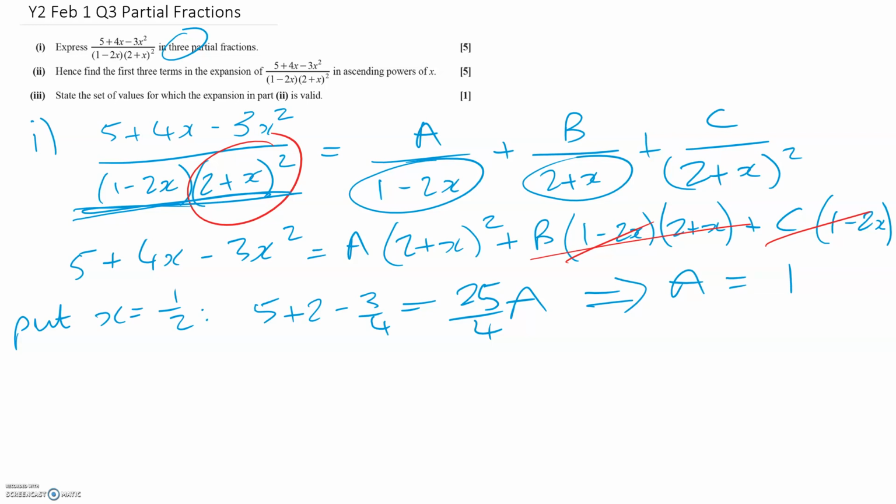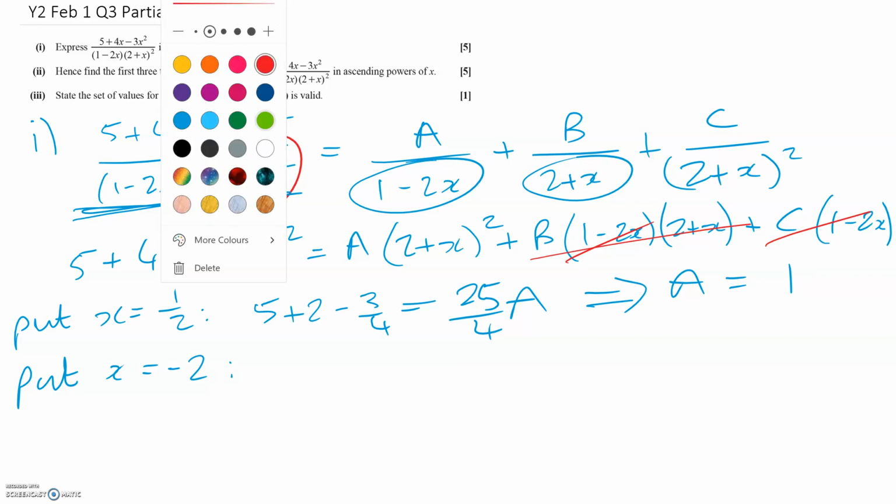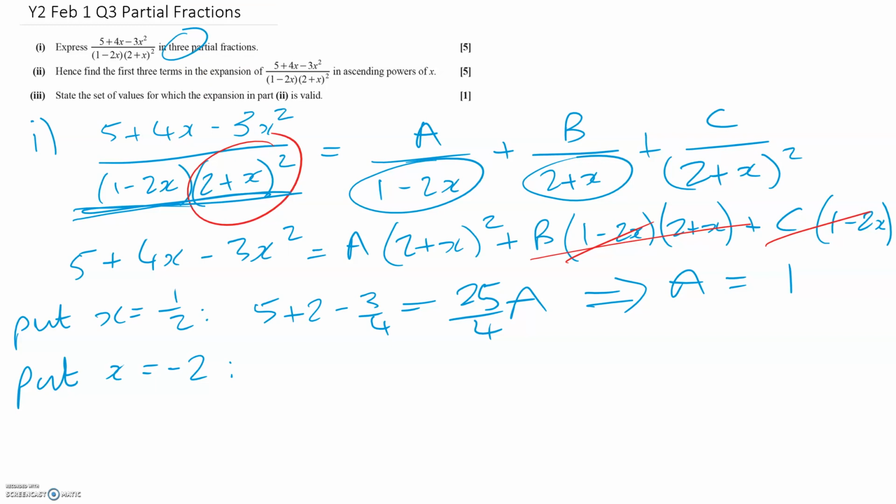Now, in order to find C, what we could do is put x equals minus 2. If we choose x equals minus 2, then that means this bracket will equal 0, and so will this bracket.